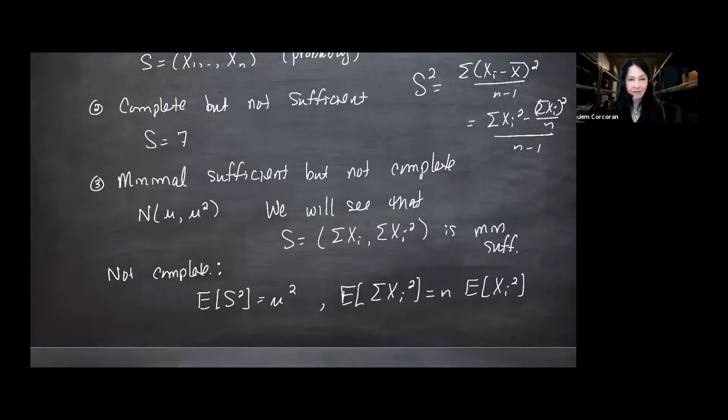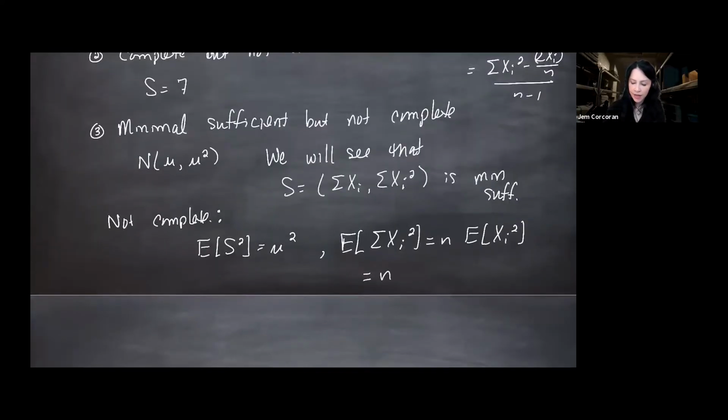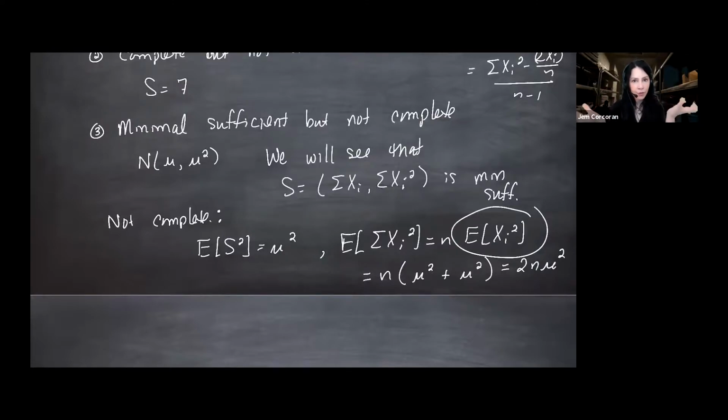I can write that as the variance of xi plus the expected value of xi all squared. And so that is going to be the variance plus the expected value all squared, and so I get 2n mu squared. I didn't write out the intermediate step, which was to say this expected value of the xi squared is the variance of x plus the expected value all squared.